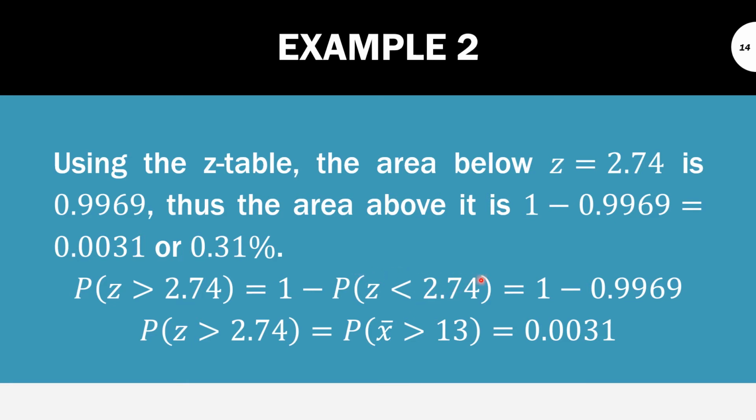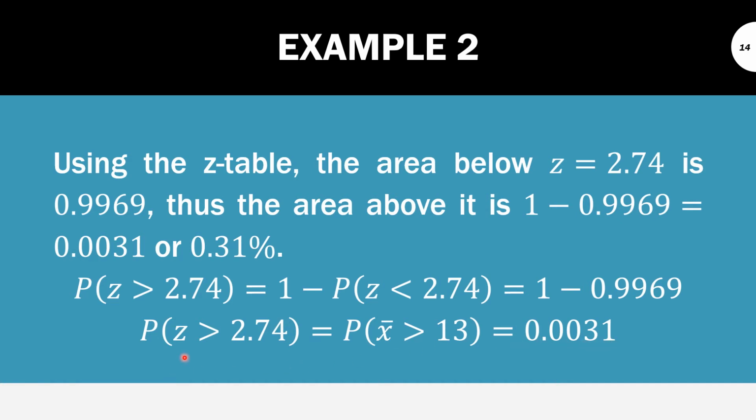And I've already discussed this on our previous video. To be more specific, in normal distribution, we have 1 minus 0.9969. This is the value that we obtain from the table. So subtracting it, it gives us 0.0031. It goes to show that the probability that z is greater than 2.74 is equal to 0.0031.